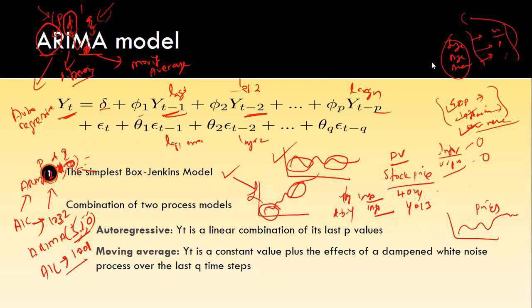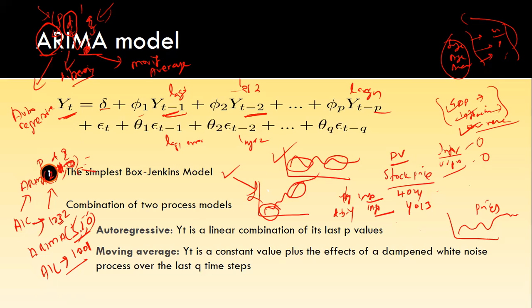If the p-value is less than alpha, we are going to reject the null hypothesis. Here, the null hypothesis is that the given data is non-stationary, and if the p-value is less than alpha, we reject it and conclude that it is stationary.